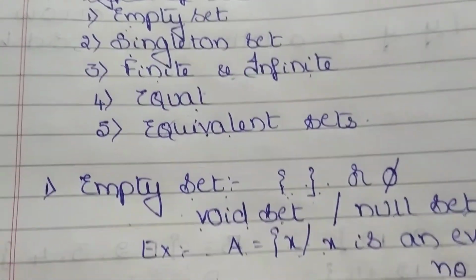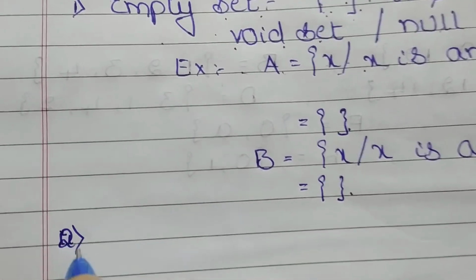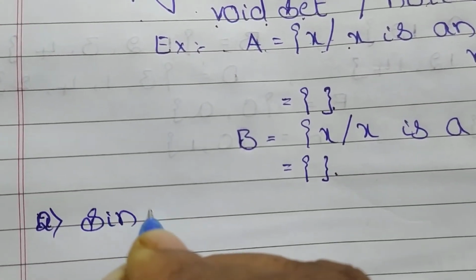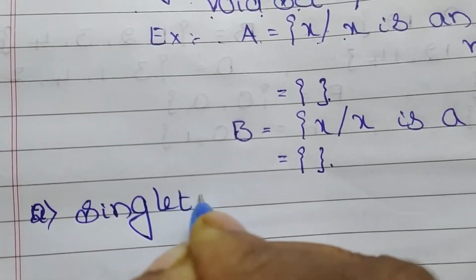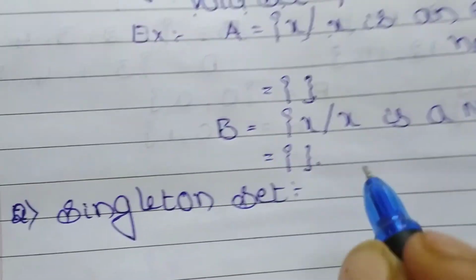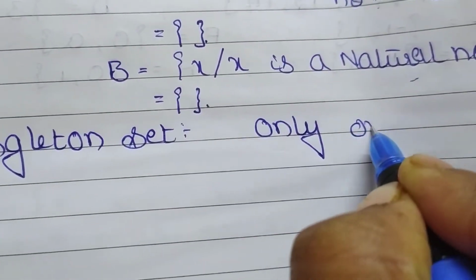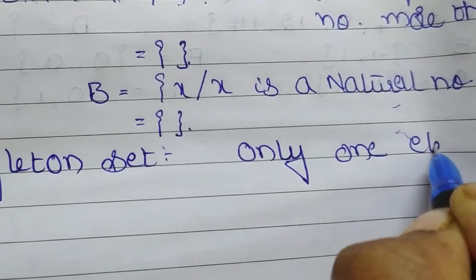Now coming to the next one, the singleton set. The second one is the singleton set. Singleton set means the set which contains only one element. The set which contains only one element is called a singleton set.